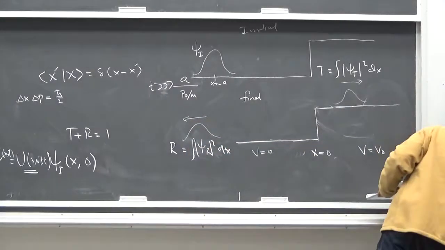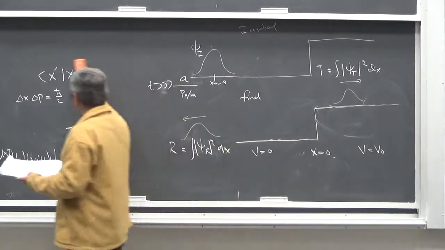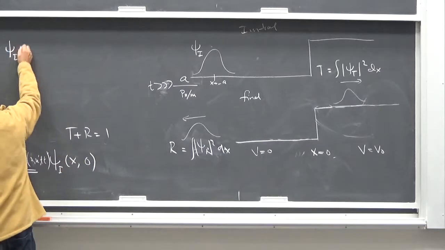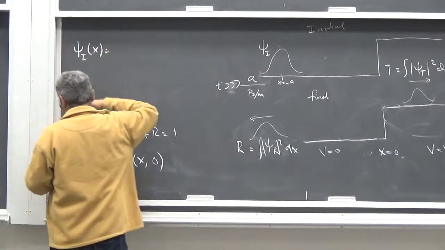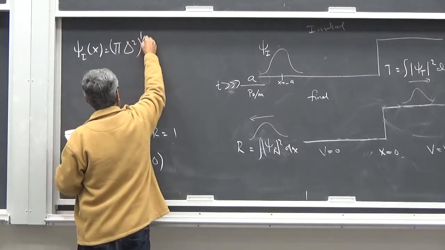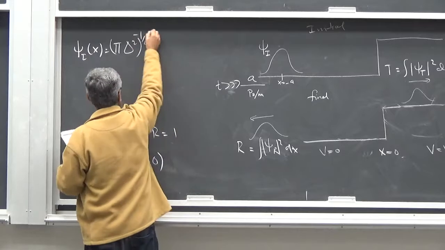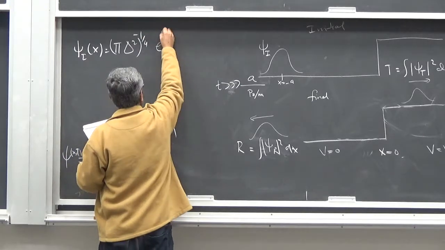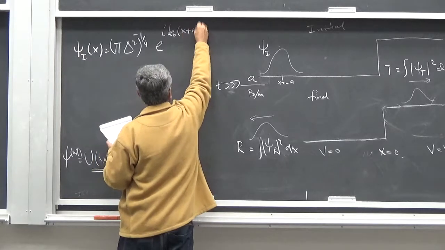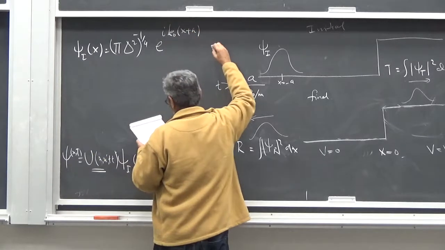psi I, maybe I should write that down as well. So psi, for definiteness, I'm not going to be using this for integration. It's just pi delta squared 1 over 4 minus e to the I k naught x plus a, right?